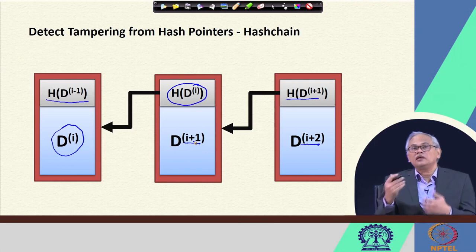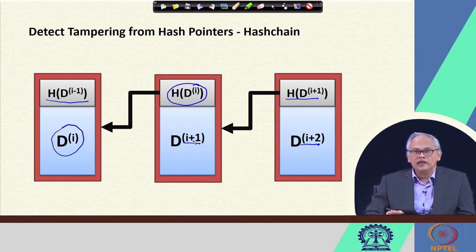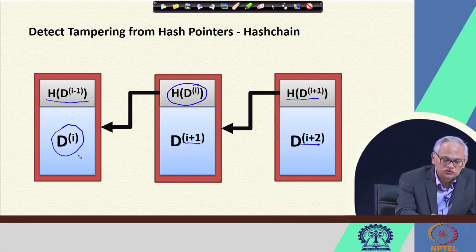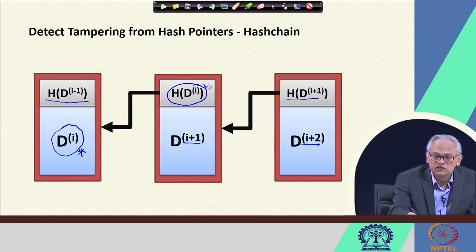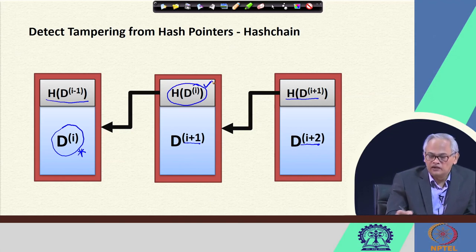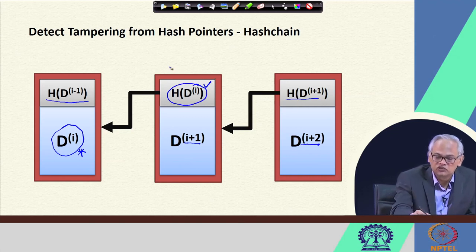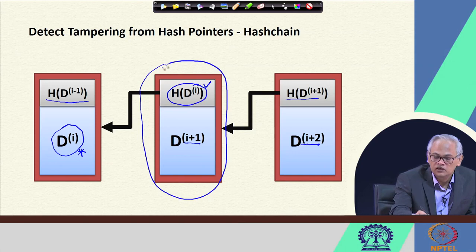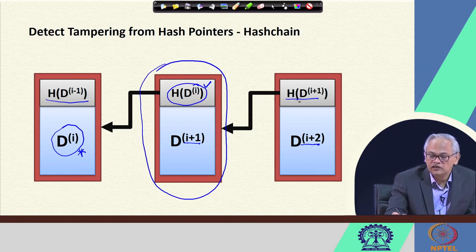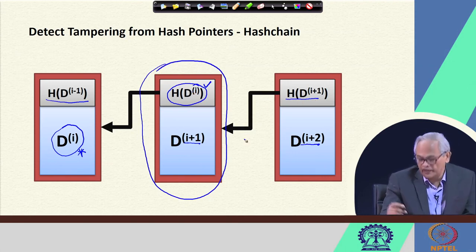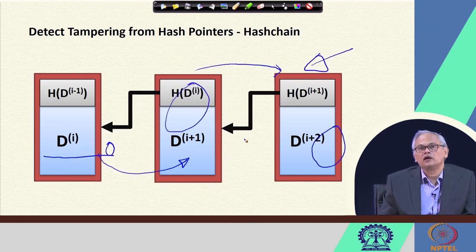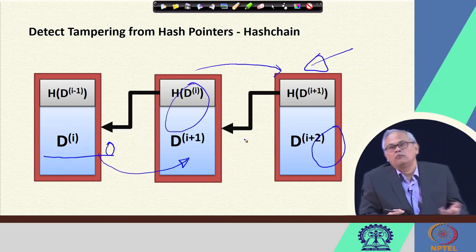And then in the process, if say an attacker wants to change the data here, the attacker will have to change this one, and this hash is the hash of this whole thing. So if this is changed, then unless this is changed, it will break, like the example we had shown in the previous slides.